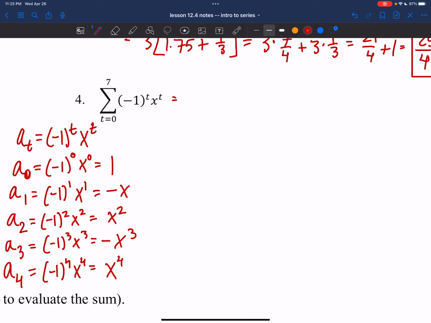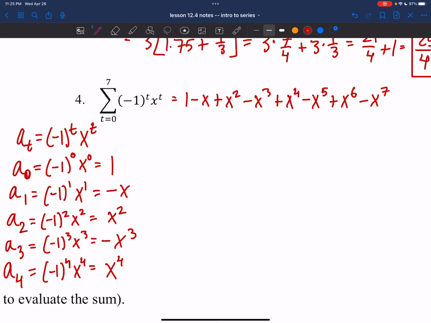So if I do this from 0 to 7, I should get 1 minus x plus x squared minus x cubed plus x to the 4 minus x to the 5 plus x to the 6th minus x to the 7th. That's that series fully expanded.